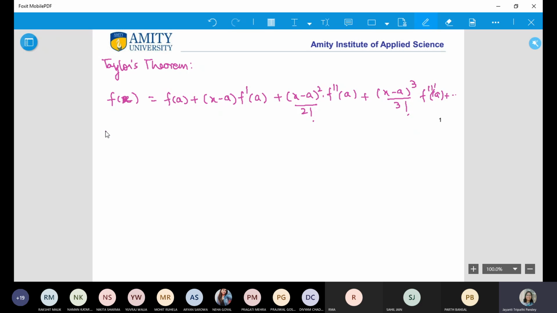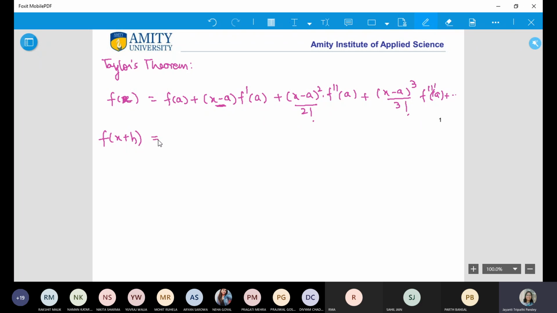Now there are some direct implications of it. If in place of x I write x plus h, then what can we assume it as? Just check, here you are expanding f(x). If in place of x you have x plus h, then in place of a, this x minus a, you will write h.